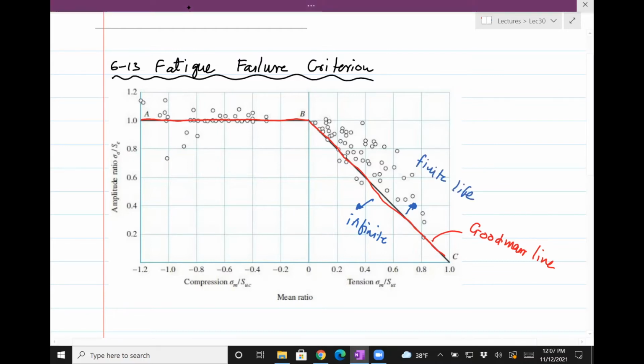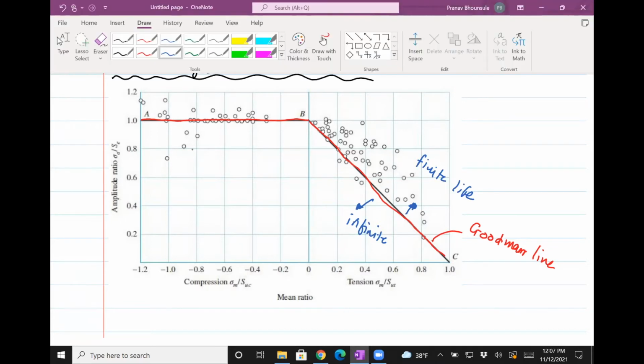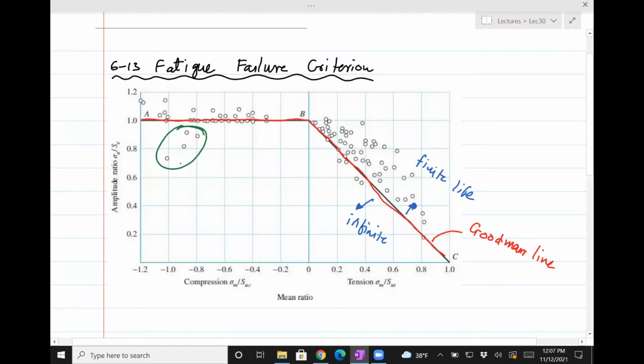Now, if you look at these points, which are away from the red line, it's just predicting that these points are actually the finite life.